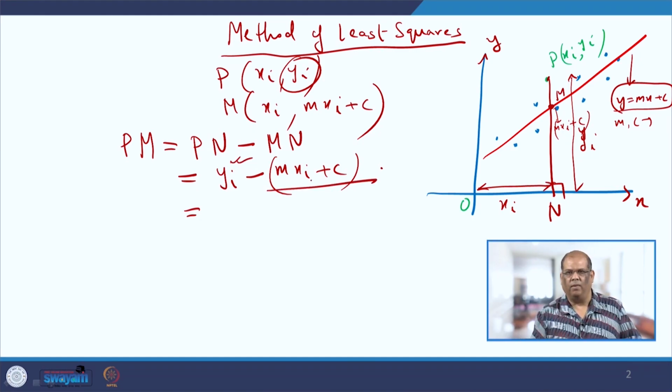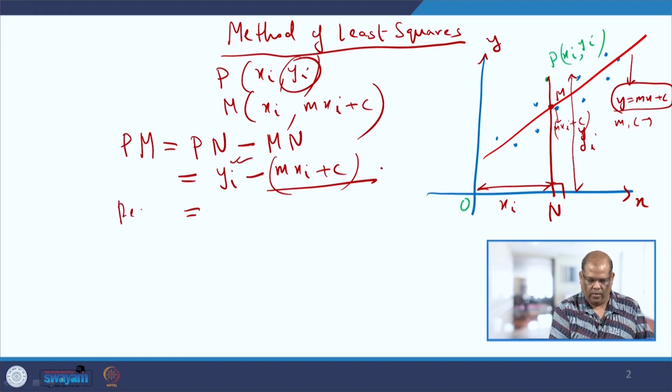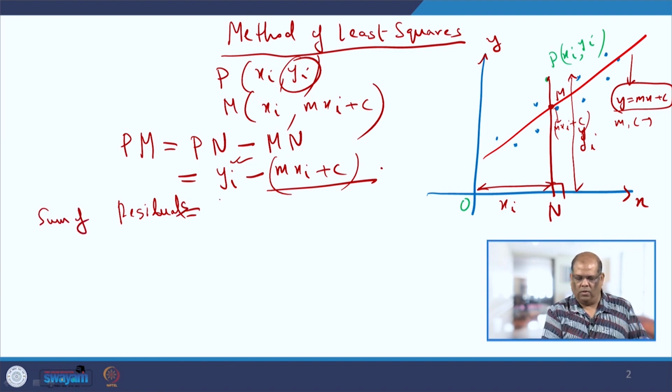So, this gives you the residual. The next thing you do is take the sum of the residuals. This is true for the ith point.